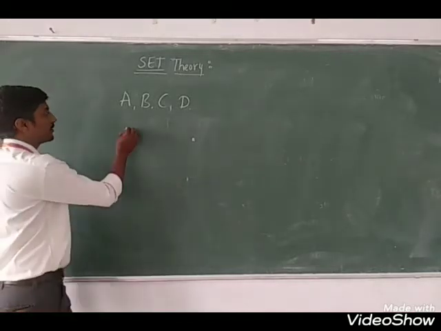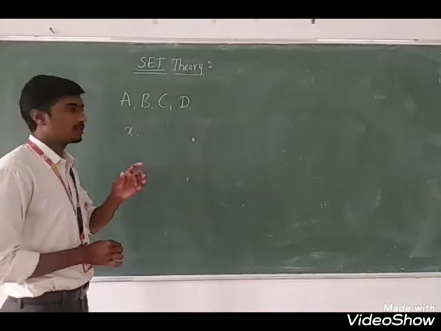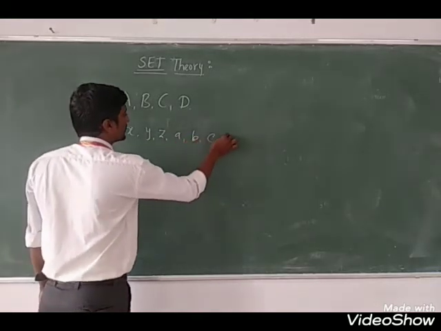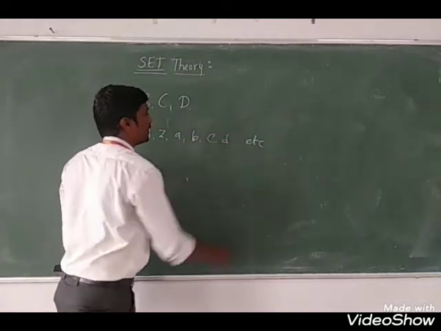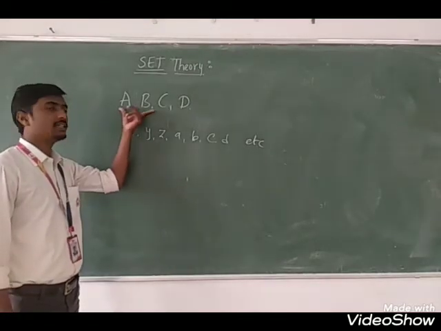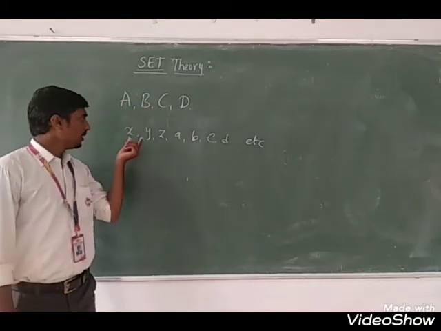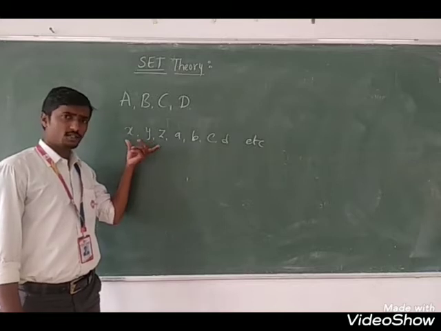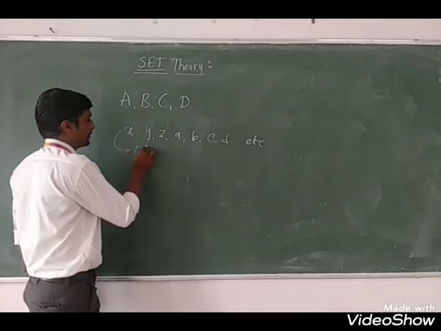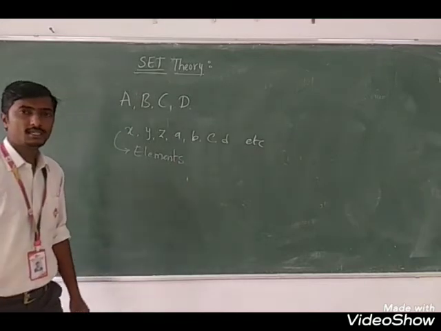And the elements, the objects inside the set, we represent by small letters x, y, z, a, b, c, d, etc. So these are the objects inside the set. These objects inside the sets are called the elements of the set.